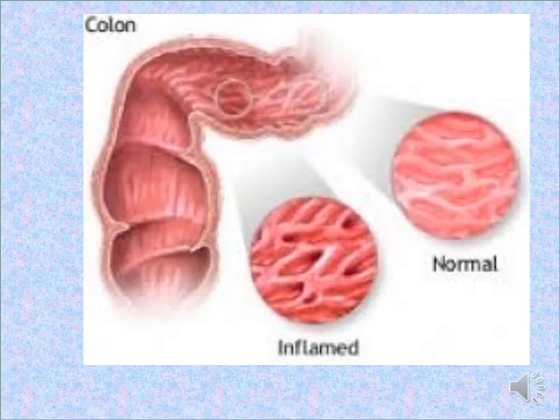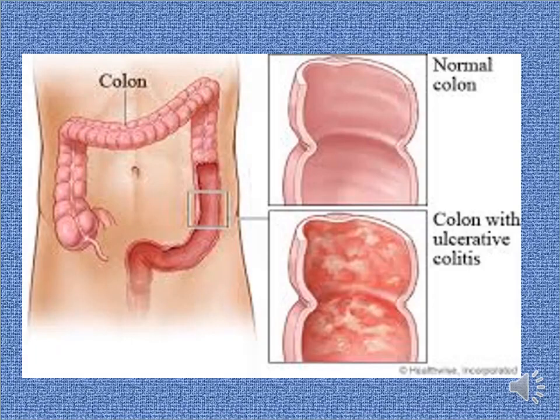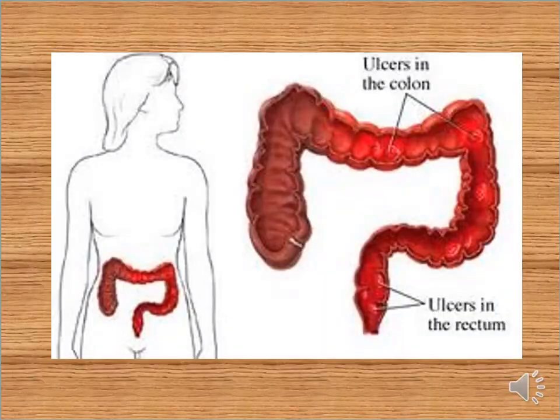The lining layer is normal in a normal person, but in the inflamed area it becomes red or ulcerated. In the colon with ulceration, there is more than one or two ulcerations in the lining of the bowel.